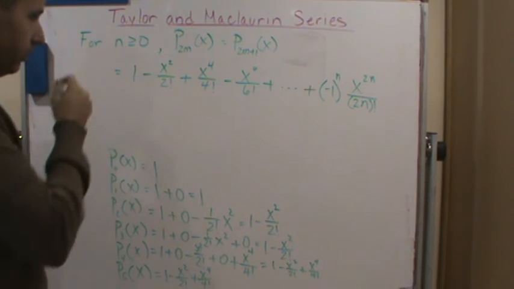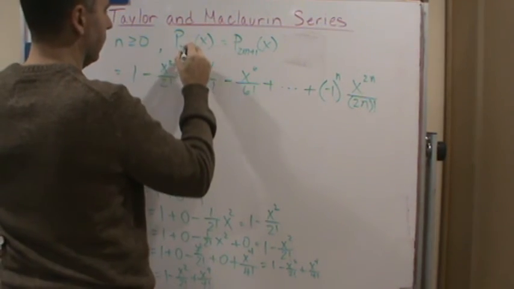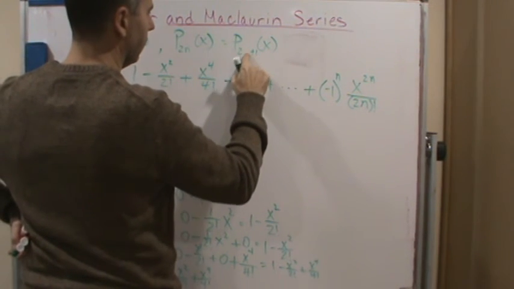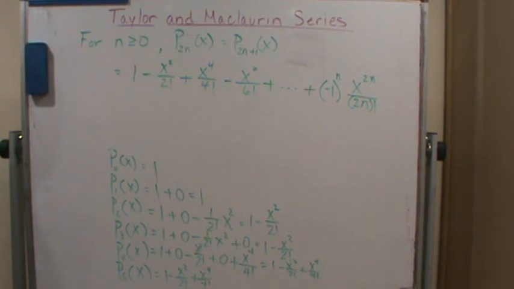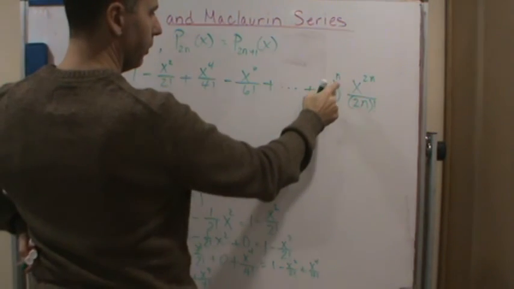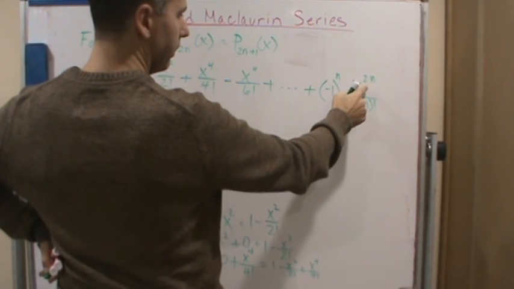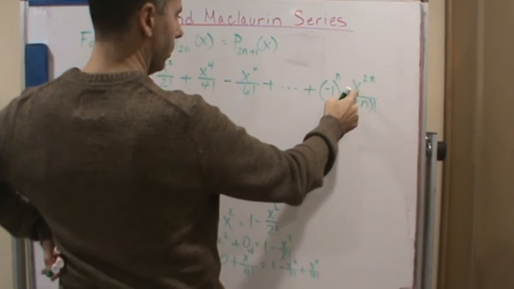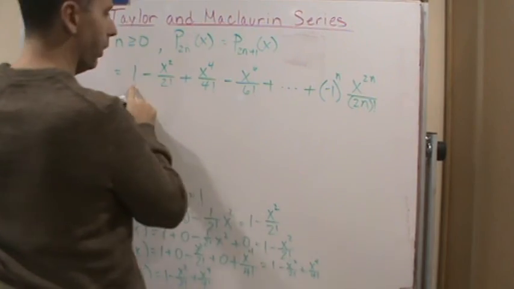Okay. Oh, this is n. So when this is 0, this is going to be 1. And this is 0, this is going to be 1 over 1. So I get 1.